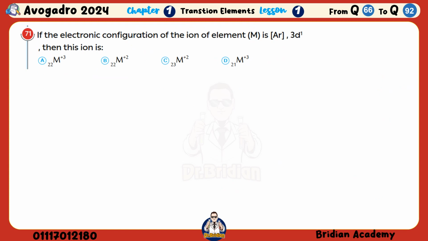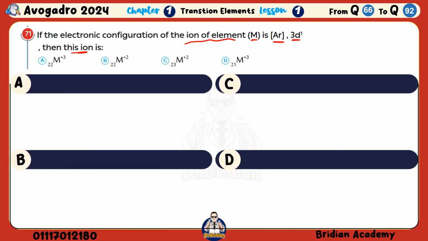Question number 71. If the electronic configuration of an ion of element M is argon 18 3d1, then this ion is... we have four choices. Choice A, M 22 with positive 3. Firstly, we will write the electronic configuration for M 22, which is argon 18 4s2 3d2.